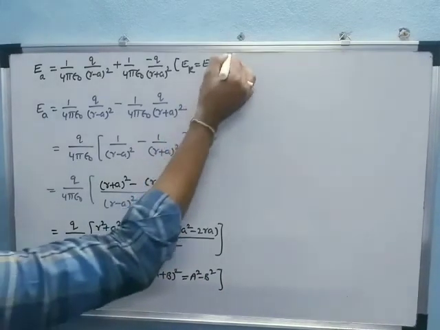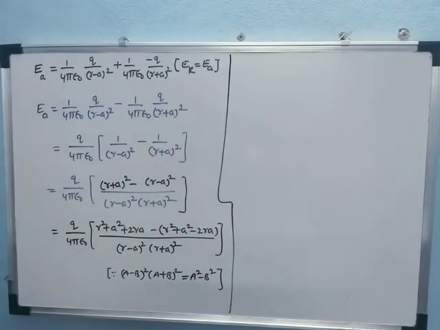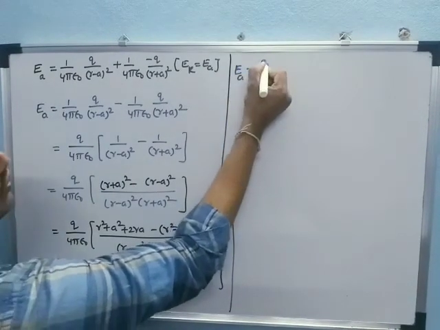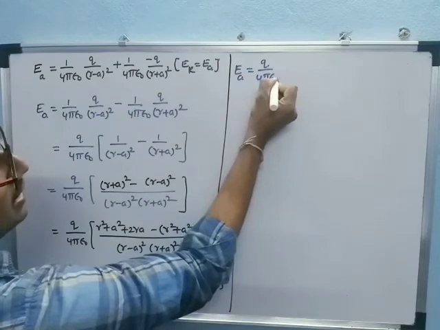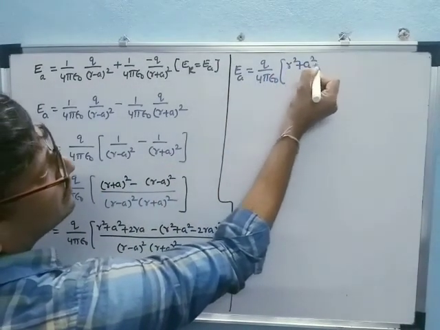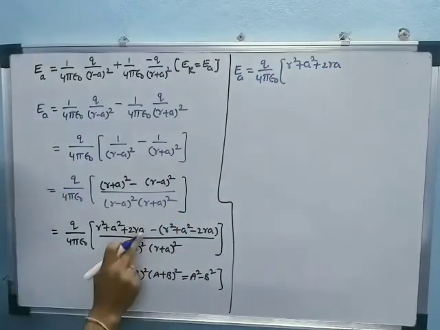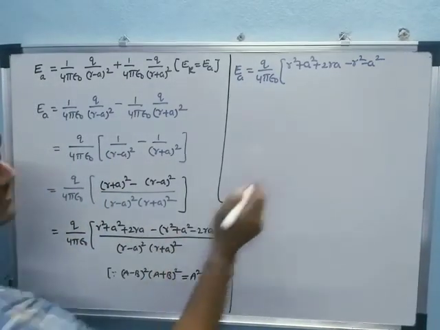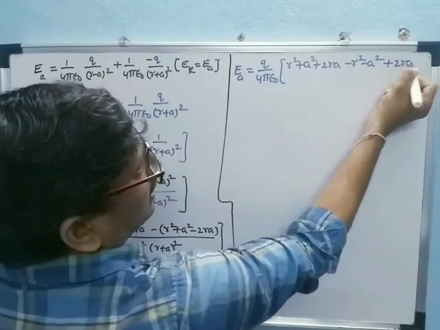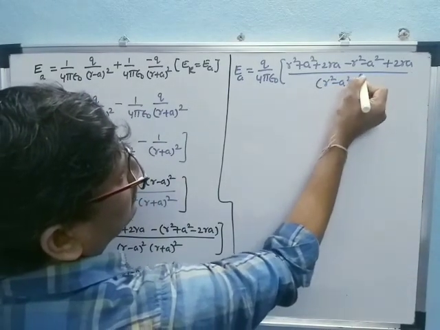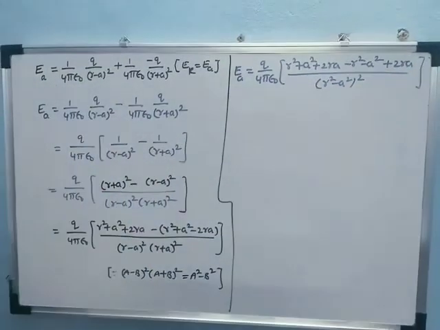Now we can substitute, and also multiply the minus into both terms. This is E axial line equal to Q by 4 pi epsilon naught into, see what it is now: R square plus A square plus 2RA, minus R square minus A square plus 2RA, divided by (R square minus A square) whole square.